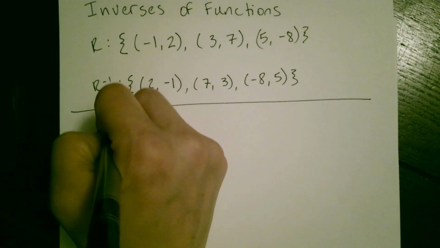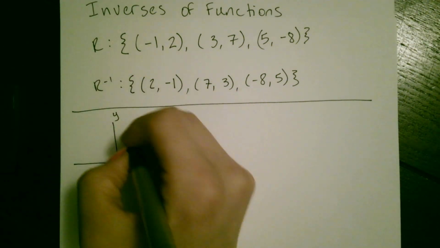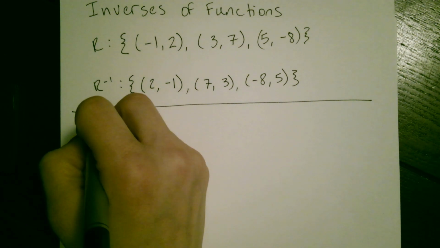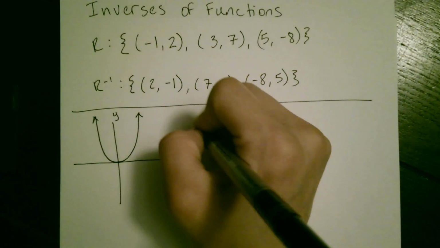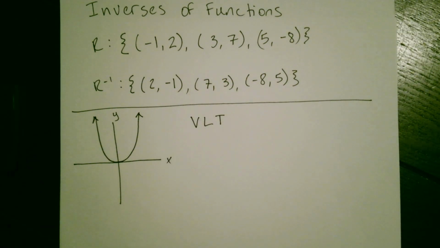So let's look at this relation right here. If you recall, we have what's called the vertical line test, and we use this test to determine if a relation is in fact a function.